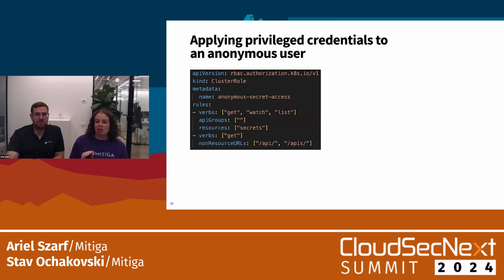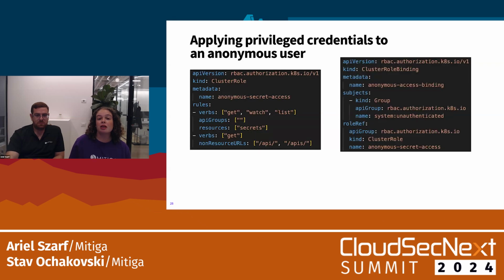It also grants permissions to the /api and /apis URLs in order for us to be able to query those URLs for the secrets. Then, by using a role binding, they could bind this role with the system:unauthenticated group, which also includes the anonymous user.